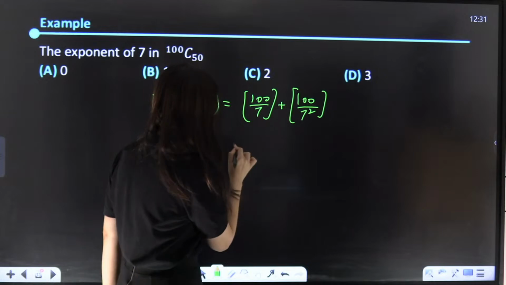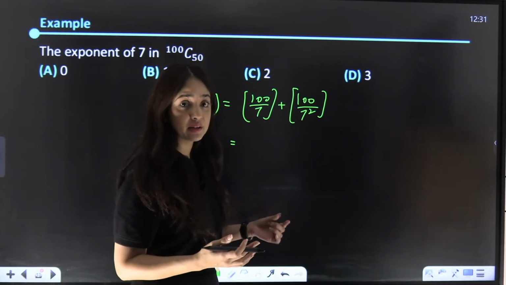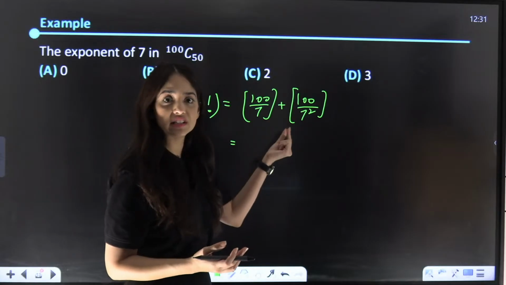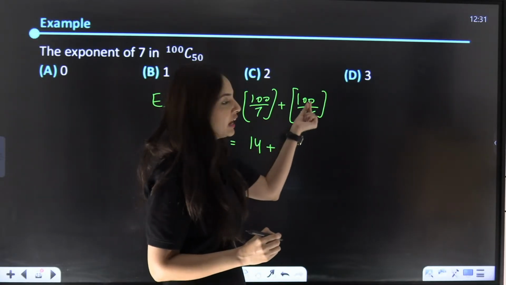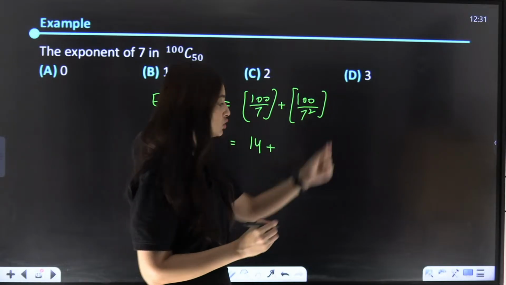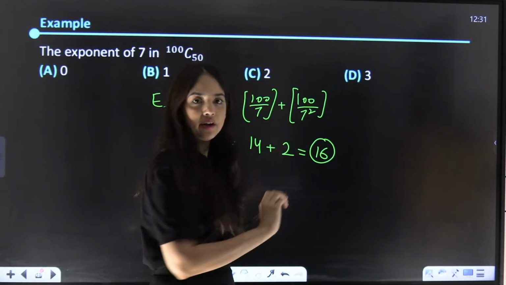Okay, so 100 by 7, that is 14 point something, because 7 into 14 is 98, so we get 14 here, and 49 into 2 is 98, so 2 here. So 16 in 100 factorial.